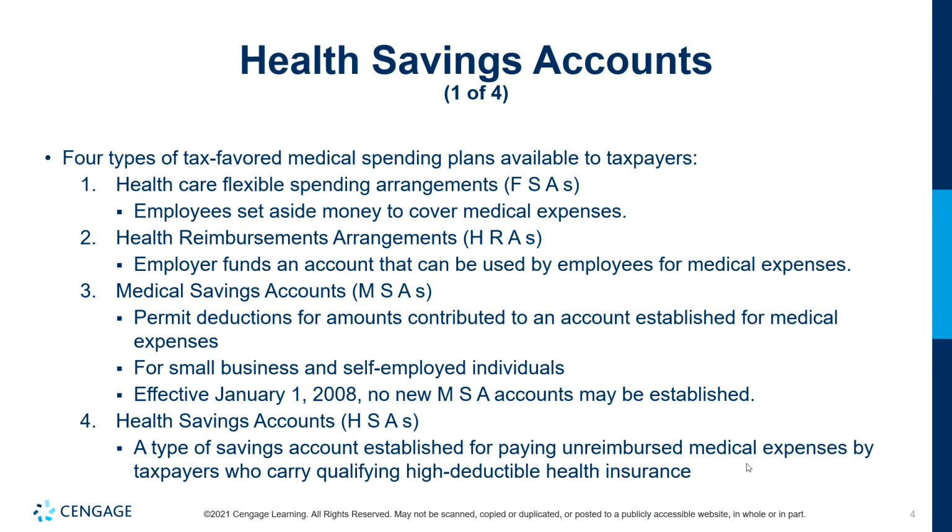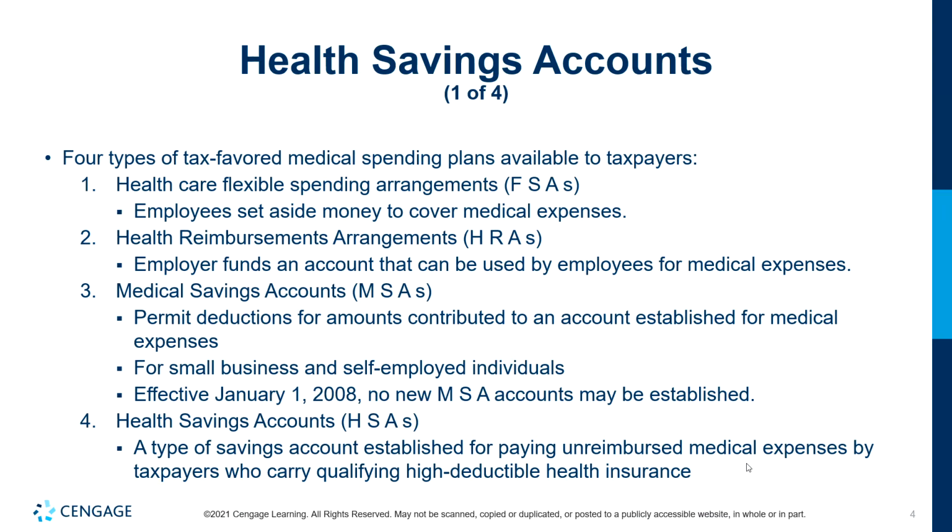Then you have what is known as a medical savings account, MSAs. And these are permanent deductions for amounts contributed to an account established for medical expenses. They are for small businesses and self-employed individuals.